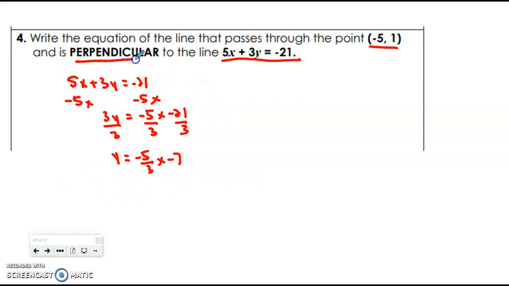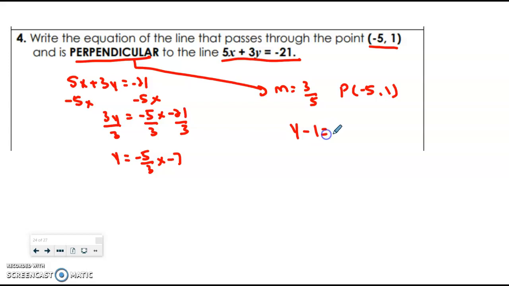If it's perpendicular, that means your slope is going to be the negative reciprocal of negative 5/3. So it's going to be 3/5. So we're going to use that and the point at (negative 5, 1). So we're going to do y minus 1 equals 3/5 x. I'm going to change it to minus negative 5.